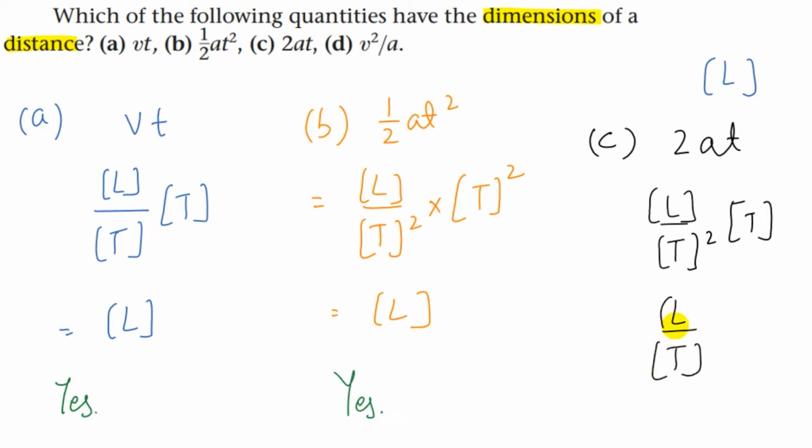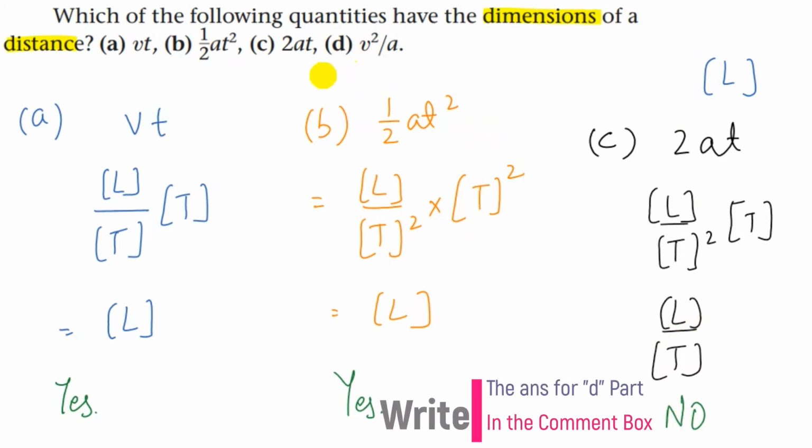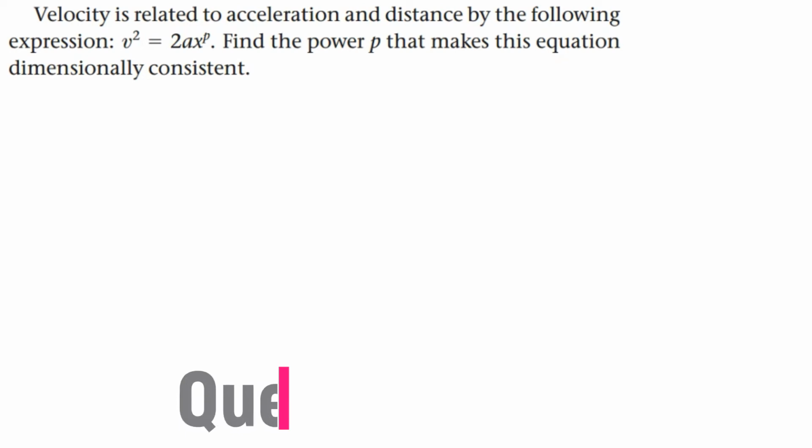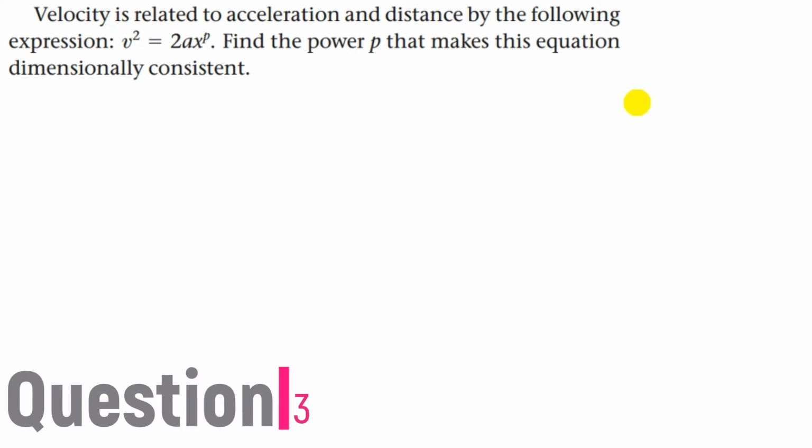Therefore, this physical quantity doesn't have a dimension of distance, so we can write no. It doesn't have the dimension of a distance. Now the final one is v over a square, and this one I left for you. You have to give the answer in the comment box below, whether it has a dimension of a distance or not.